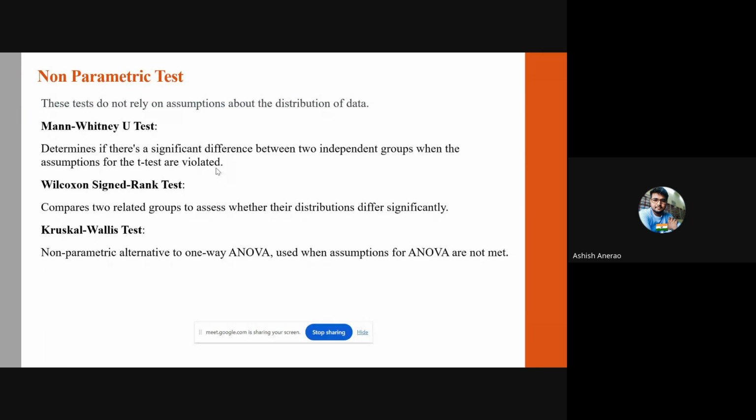Okay, so non-parametric testing. If our data is not normally distributed, in that scenario we use non-parametric testing.